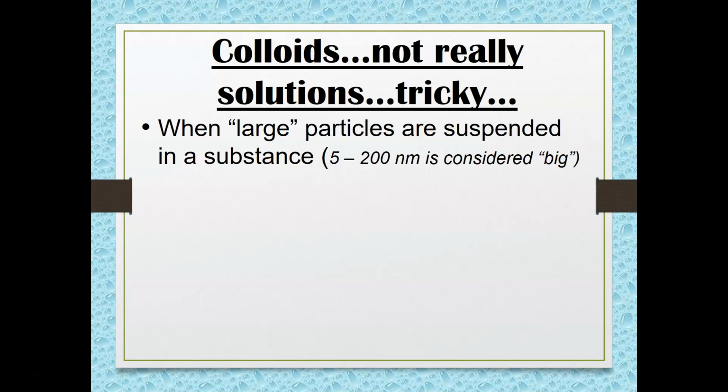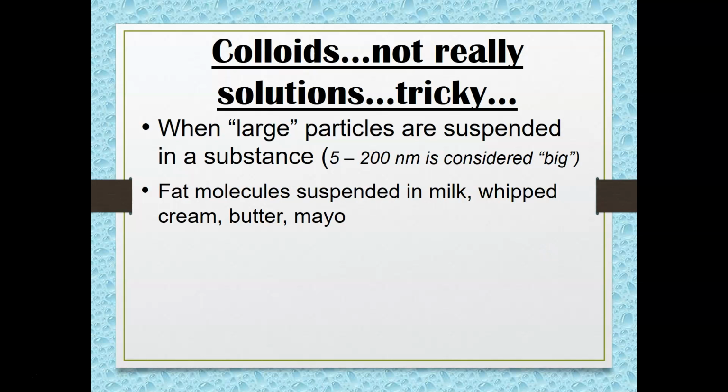Some of the things you may think of as solutions are actually colloids. So for example, fat particles mixed into the solvent are typically colloids because fat particles are pretty big. So things like milk, whipped cream, butter, mayonnaise, those are colloids. They're not true solutions.